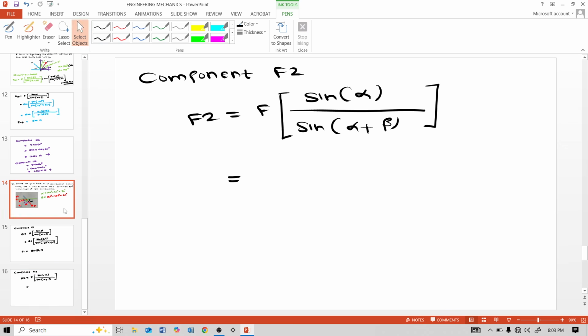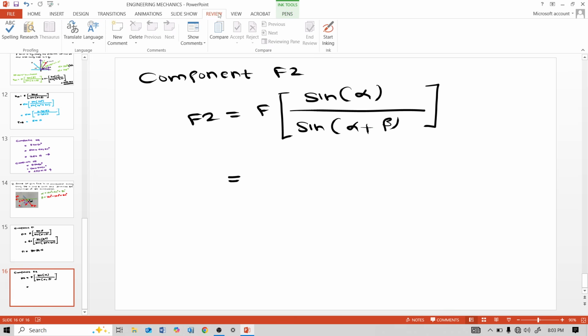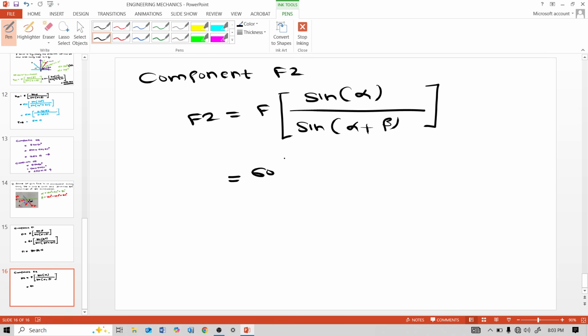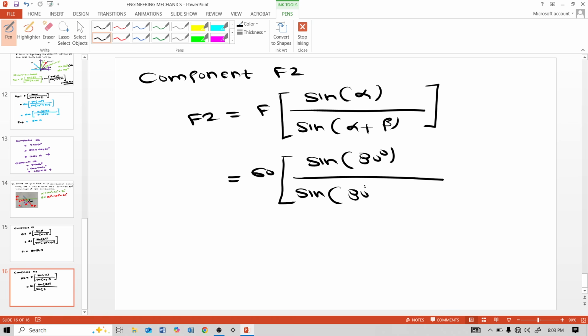So again F is 60 Newton, alpha is 80 degree and beta is 60 degree.